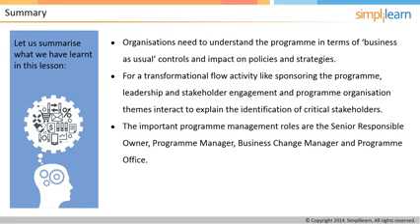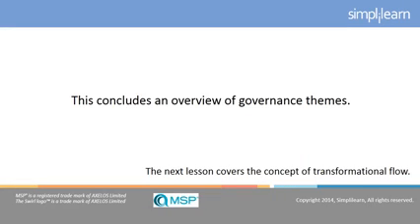The important program management roles are the Senior Responsible Owner, Program Manager, Business Change Manager, and Program Office. Next, we will look at a few questions based on the lessons covered so far. This concludes an overview of governance themes. In the next lesson, we will focus on the concept of transformational flow in detail.